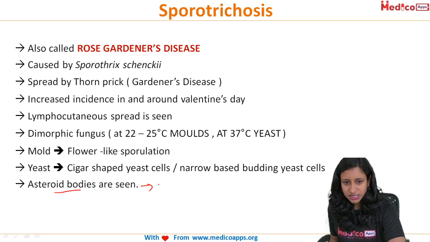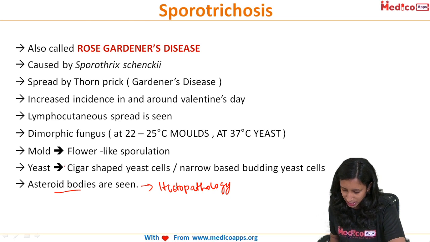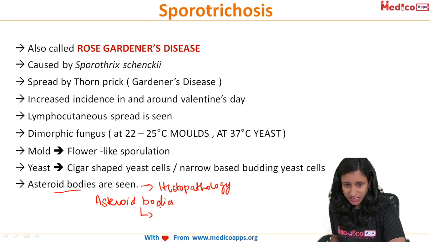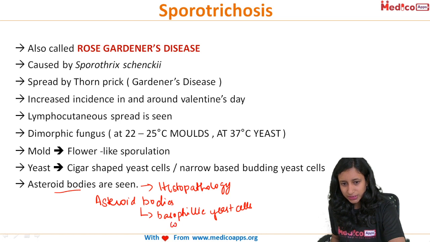So this is a histopathology finding, and in your histopathology, you see your asteroid bodies, which are nothing but basophilic yeast cells surrounded by eosinophilic mass.